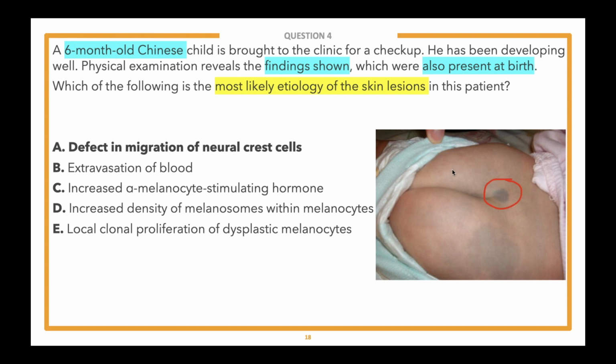So E, a local clonal proliferation of dysplastic melanocytes. Well, that would be getting more at a mole or a nevus that is dysplastic or atypical. And that's not really what we have here. That would be more of a dark brown macule and not so much these blue-gray patches, okay?